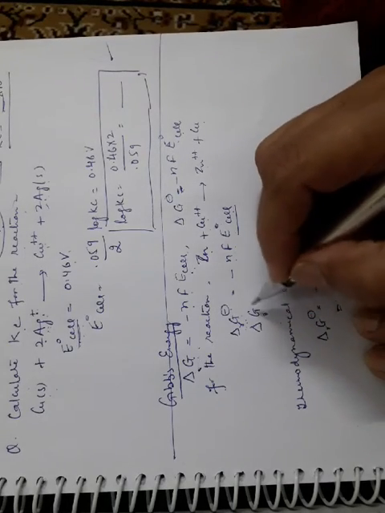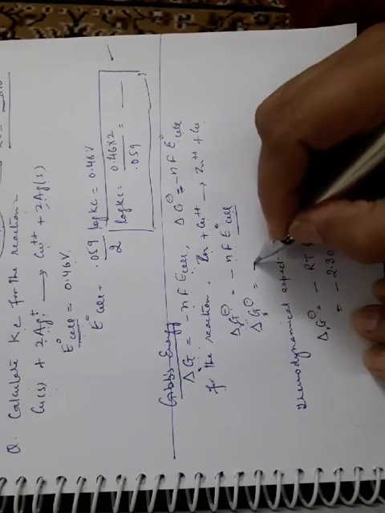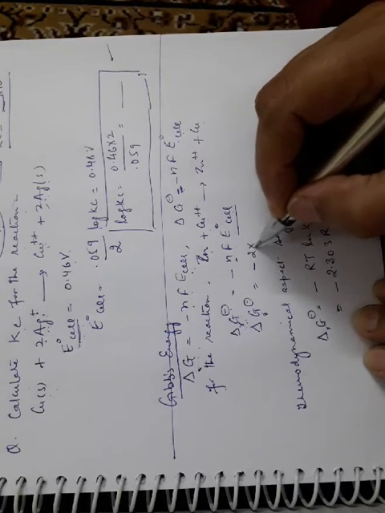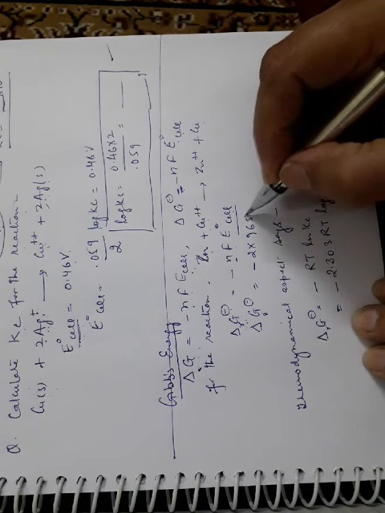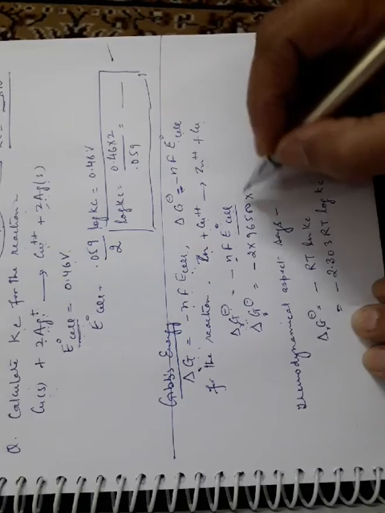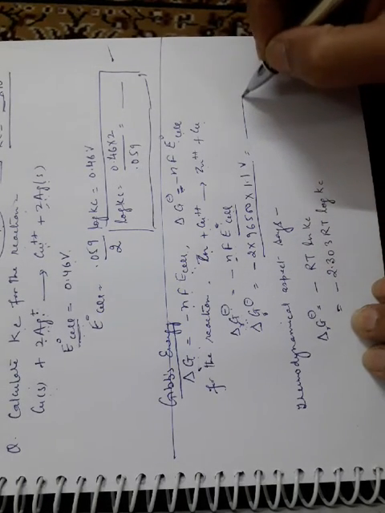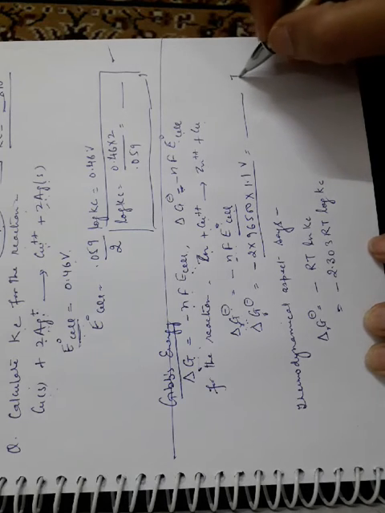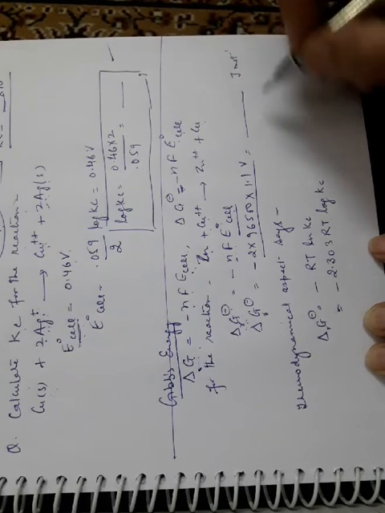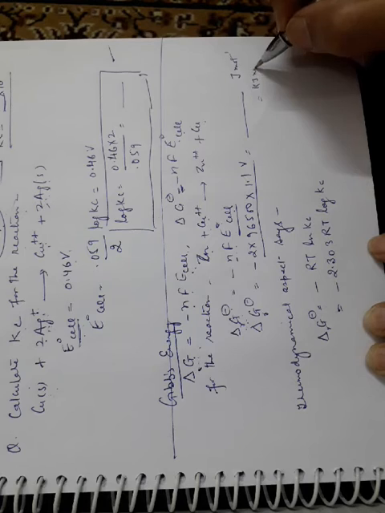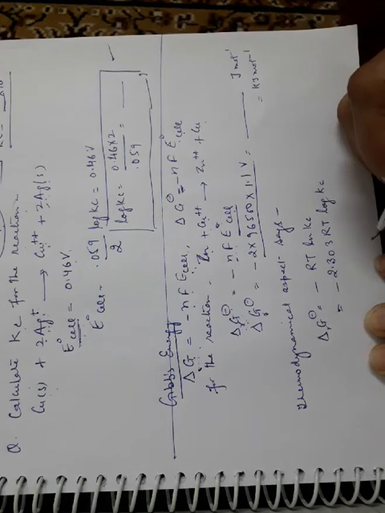So delta Gr can be calculated: minus, the value of n is 2, F is 96500 coulombs, into 1.1 volt. You calculate it out and you will get the value in joules per mole. You can convert it to kilojoules per mole also.